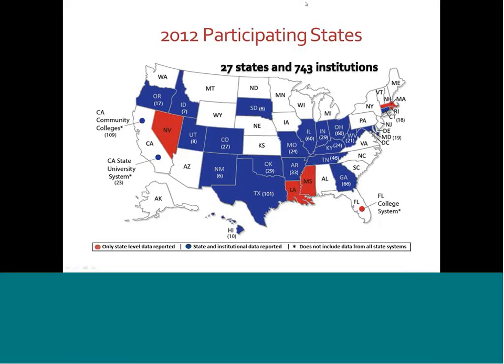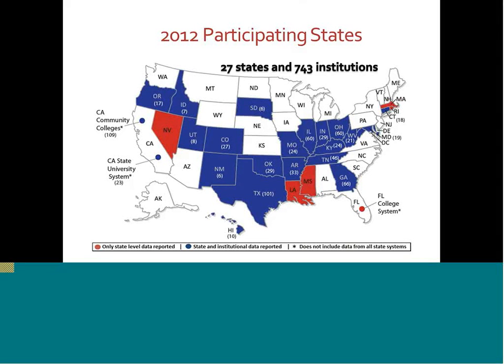So let's go ahead and start out with who participated last year. Last year we had 27 states that reported data to CCA. Of those 27 states, 6 of those states, depicted in red in the map that you are seeing on your screen, only reported data at the state level, but 21 of those states reported institutional level data, and that was for a total of 743 institutions.